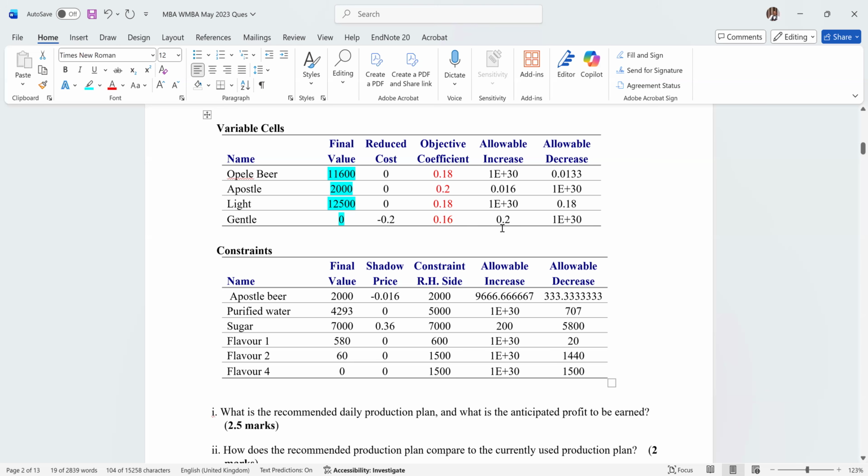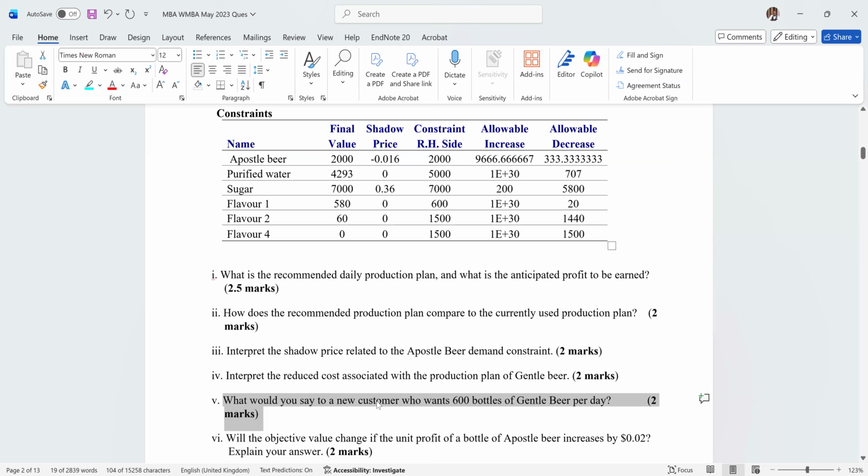If somebody wants 600 bottles of gentle beer, the allowable increase is what? 0.2. And remember, this 600 bottles of gentle beer means that you are increasing the final value from 0 to 600.